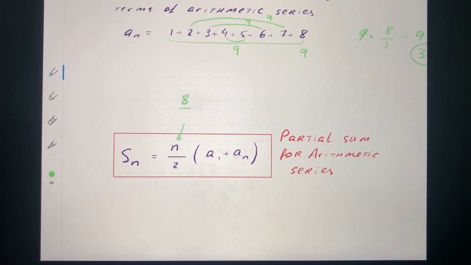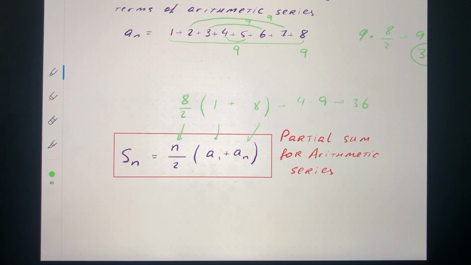You're adding them in pairs, so divide that by 2, and then multiply it by the first number, which is 1, plus the last number, that's the 8th number, which is 8, and so we have 4 times 9, which is once again 36. So this is how to compute the partial sum of an arithmetic series.